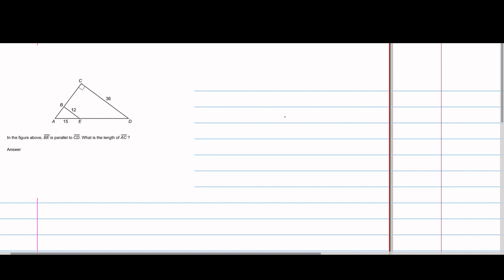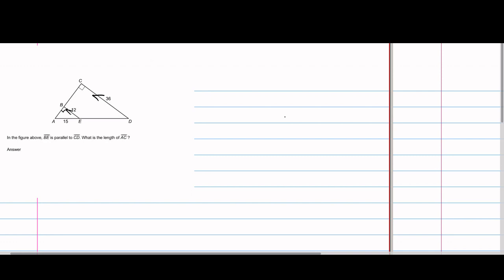First of all, we have CD parallel to BE. That means both of them are perpendicular to AC, because CD is already perpendicular to line segment AC, so BE should also be perpendicular.